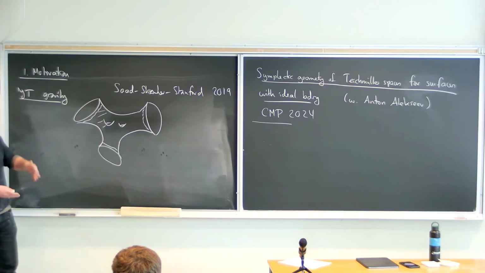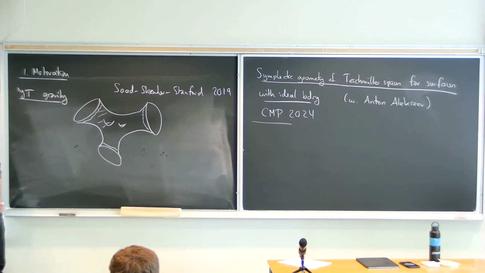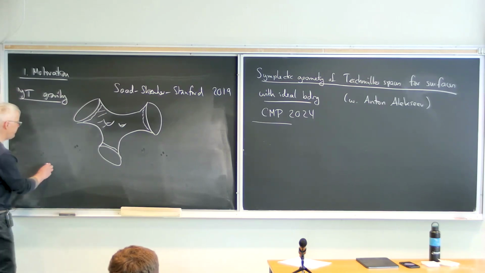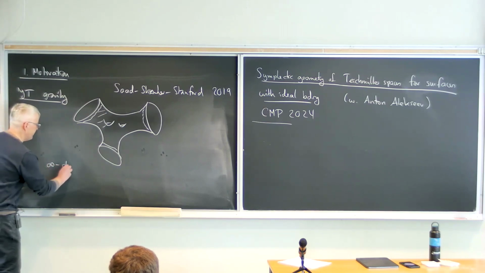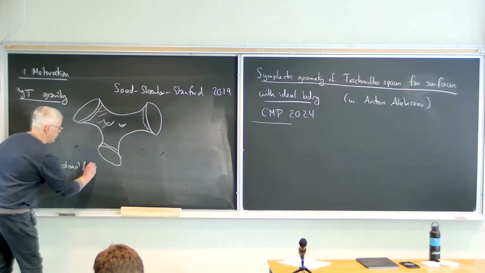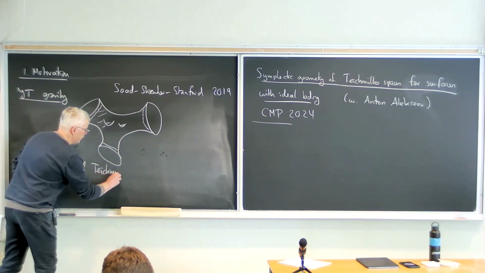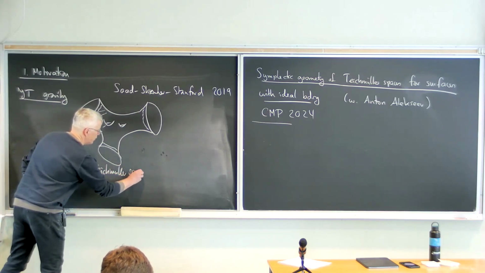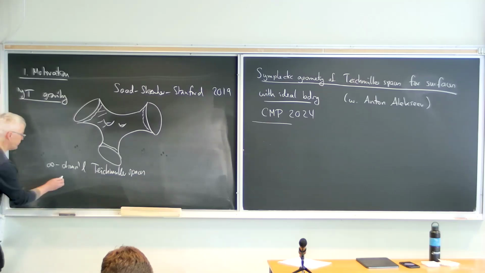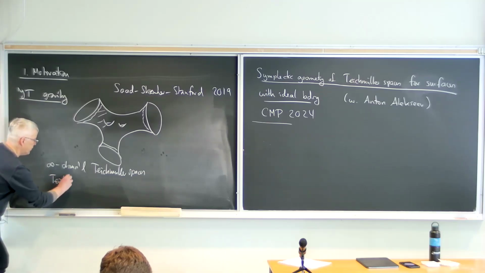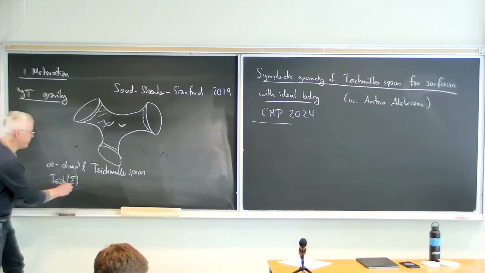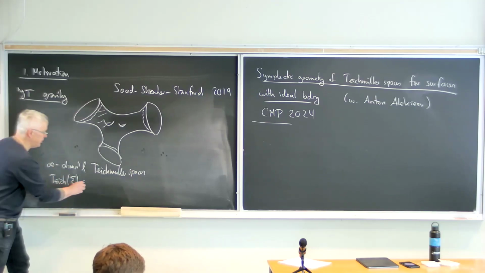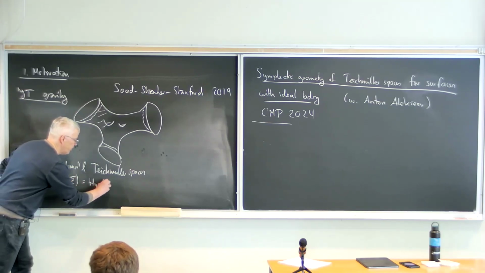We were trying to understand these pictures, and just looking at the pictures without looking at the formulas, which we didn't really understand, we came up with the idea that what these pictures suggest are some kind of infinite dimensional Teichmüller spaces. These should be Teichmüller spaces where you look at hyperbolic metrics on a surface with boundary.